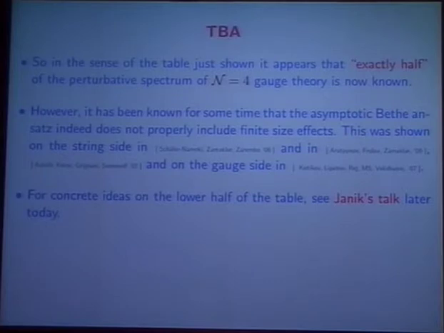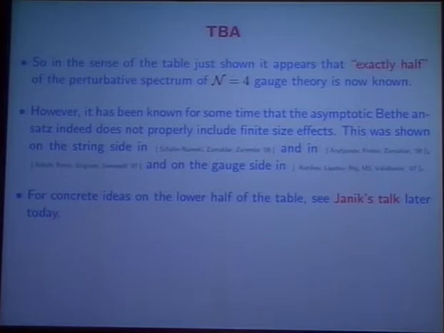And that's very necessary because we really only have half the spectrum. That has also become clear maybe about 2 years ago. There was a paper by Schäfer-Nameki, Zamaklar and Zarembo which showed on the string side that the asymptotic Bethe ansatz has some problems, and the giant magnon dispersion law finite size corrections were worked out in this paper, and then checked in this paper.